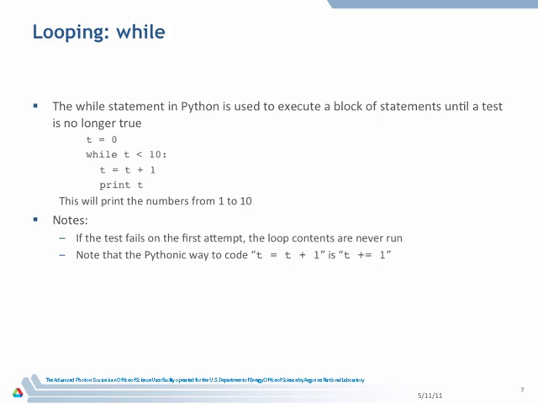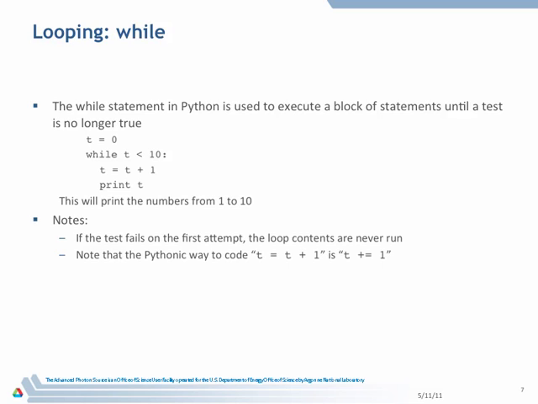Okay. All right. So let's talk about looping. The first example of looping is while, and you have while followed by an expression that evaluates to true or false, and it will execute the statements following the while in the block as long as that tests as true.